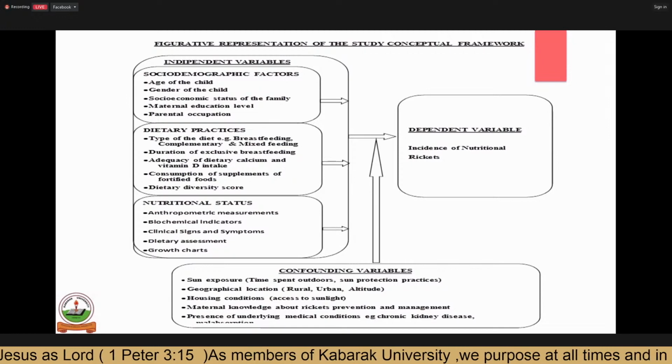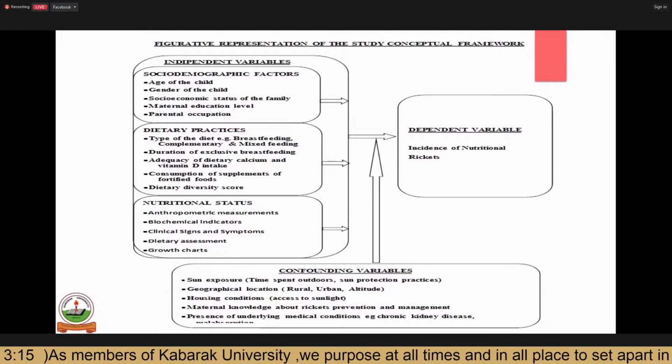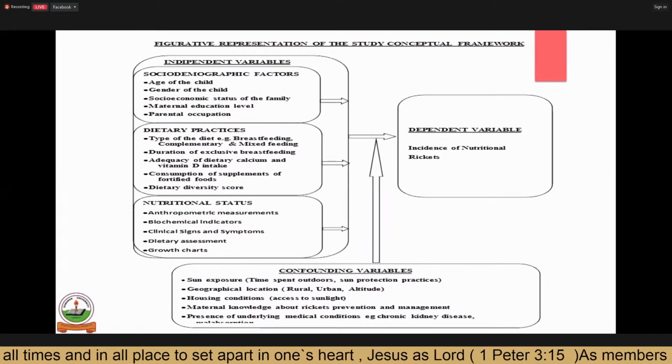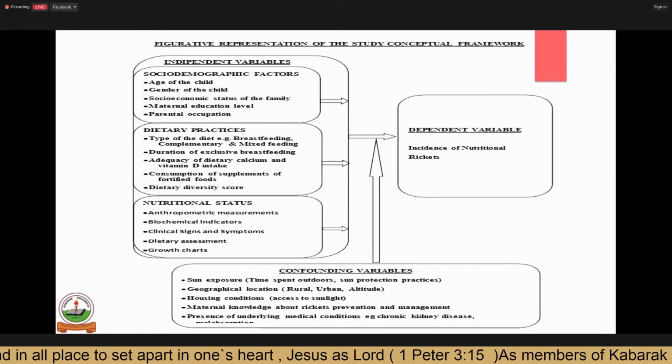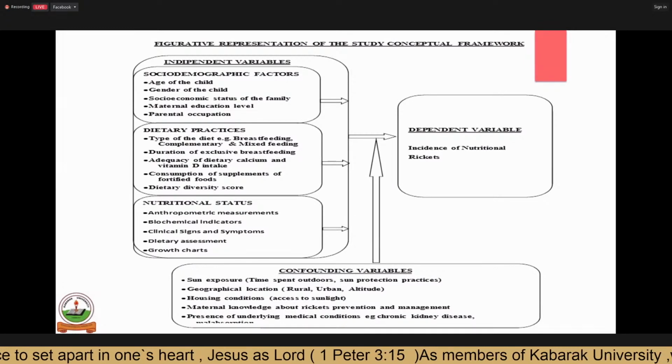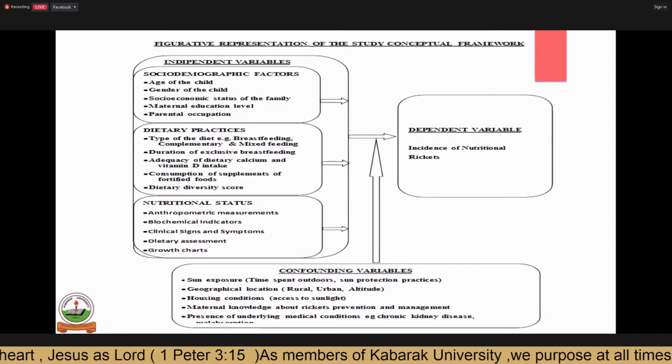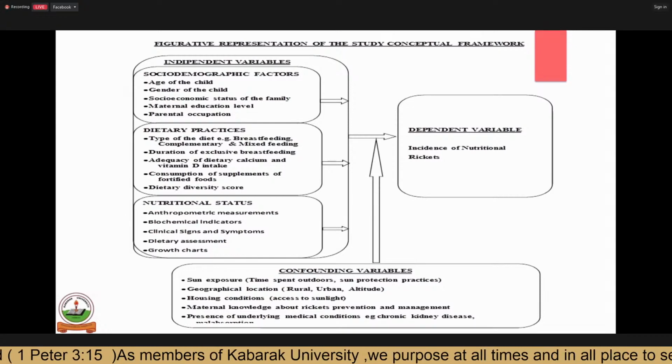Maternal knowledge about rickets prevention or management, and even the presence of underlying medical conditions like chronic kidney disease, liver diseases or malabsorption diseases, which affect the metabolism of those nutrients that are needed for nutritional rickets alleviation. So this can directly or indirectly impact the dependent variable, which is the incidence of nutritional rickets.